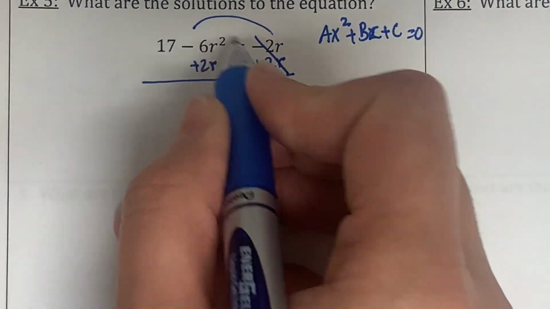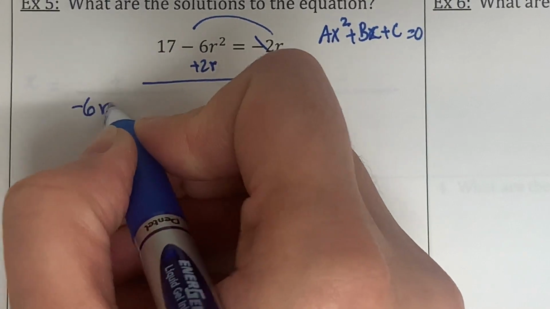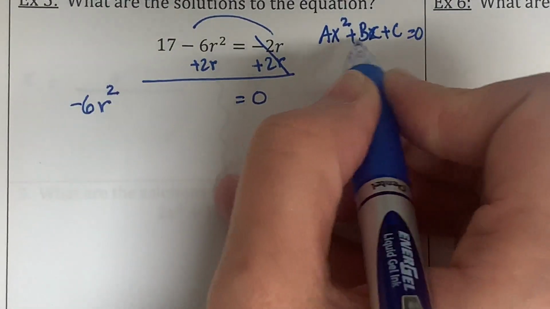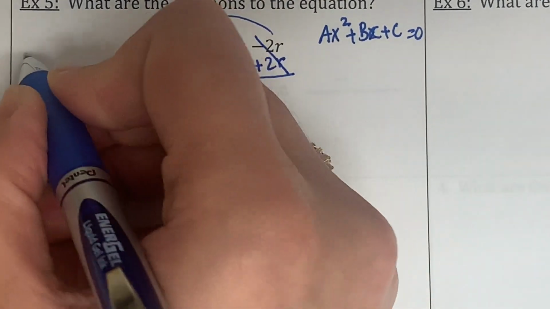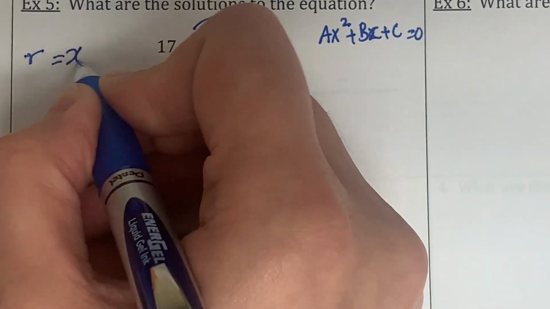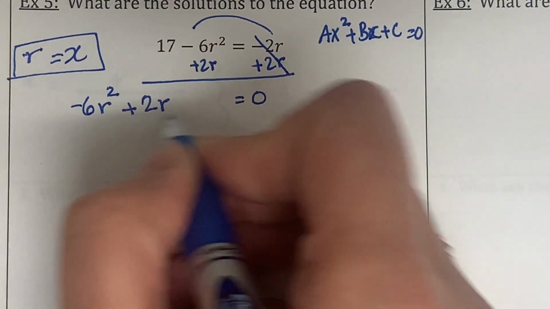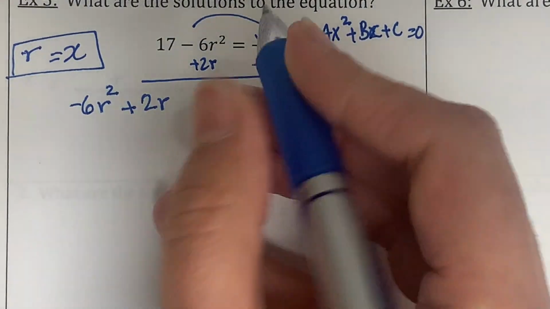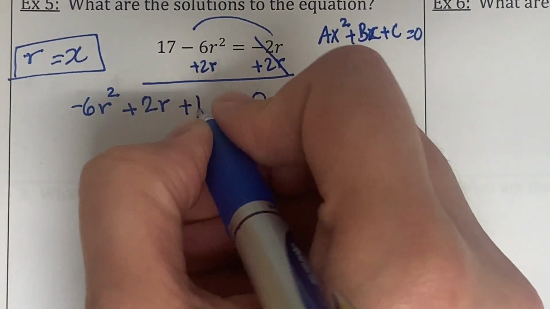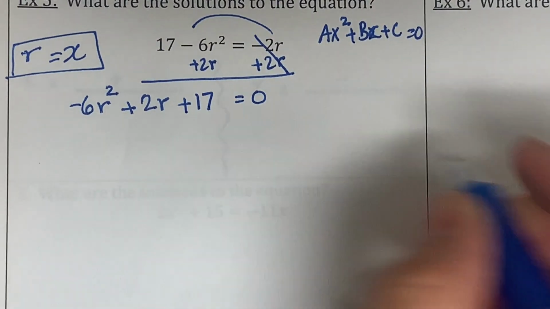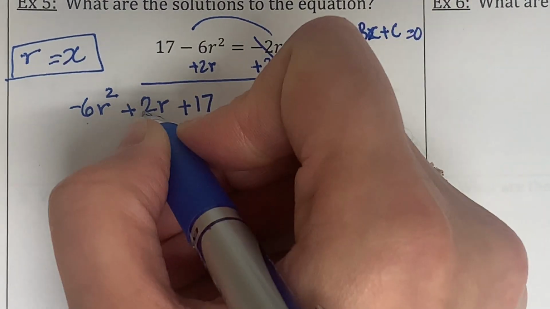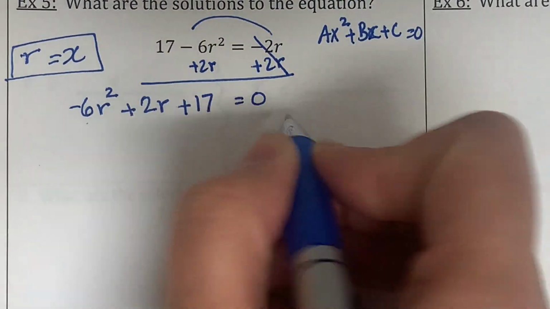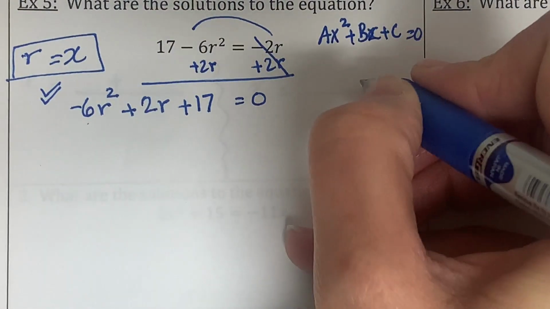Ax squared is negative 6r squared. Then bx is plus 2r, and r is the same as x in this condition, so it's okay. And then positive 17. I'm going to double check my numbers. Negative 6r squared, correct. Positive 2r, correct. All right, this is my standard equation, which is correct.